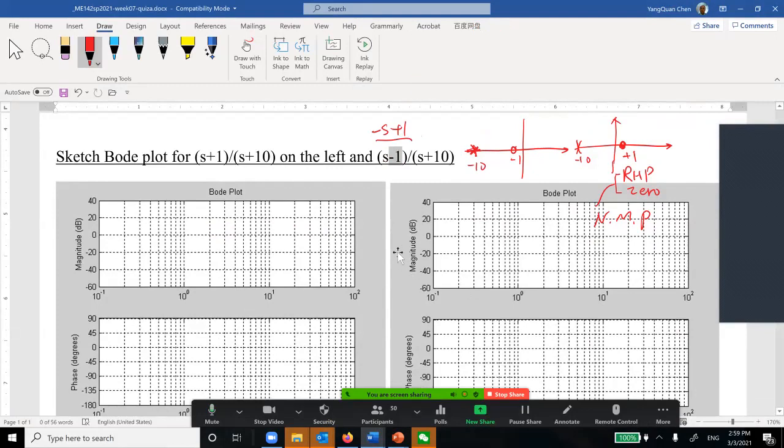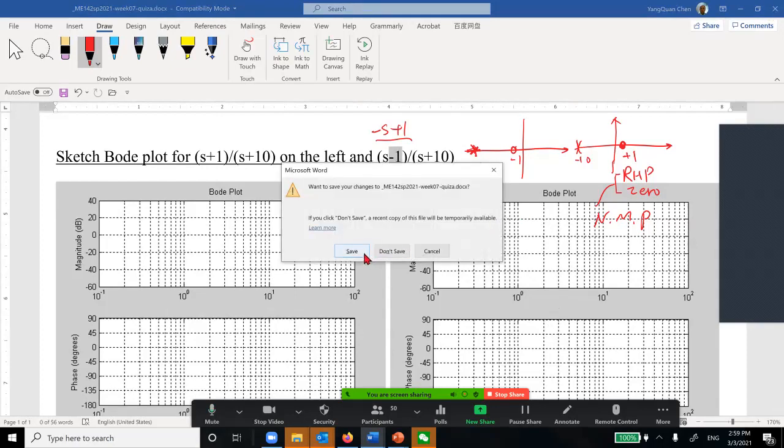Be careful. You can do the left-hand side, no problem. Right-hand side, be careful. So I suggest you do this one after the class and submit before midnight, okay? I'm going to finish this one.